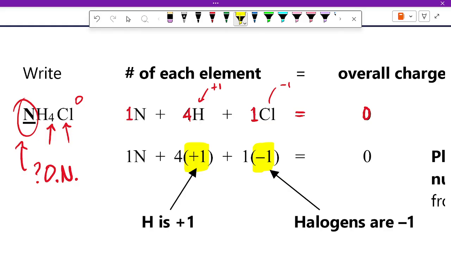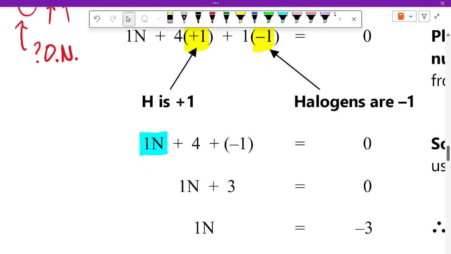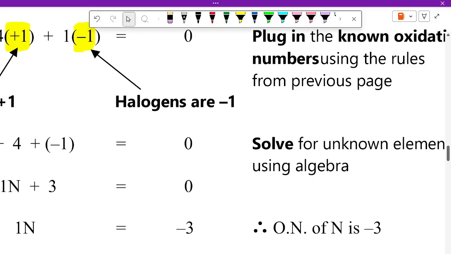We have 1 nitrogen plus 4 minus 1 equals 0. So nitrogen plus 3 equals 0. So nitrogen is negative 3. So what is the oxidation number of nitrogen? Negative 3. Yeah?